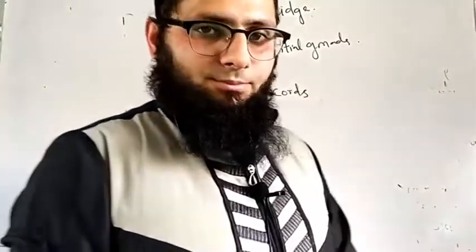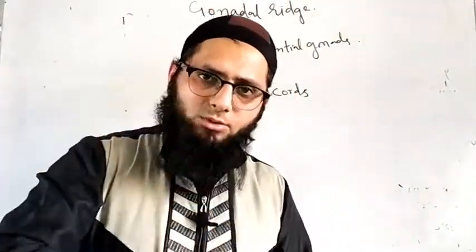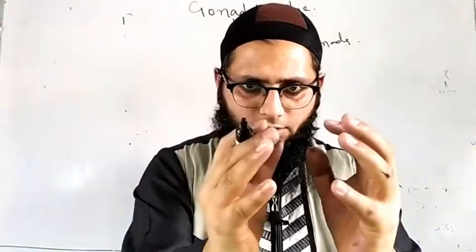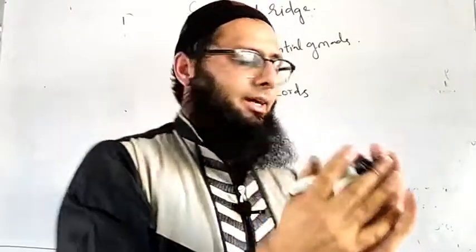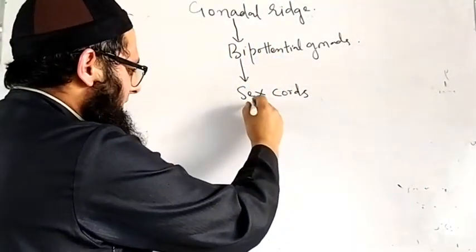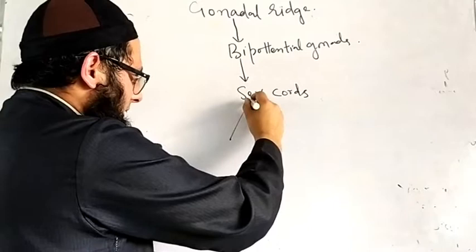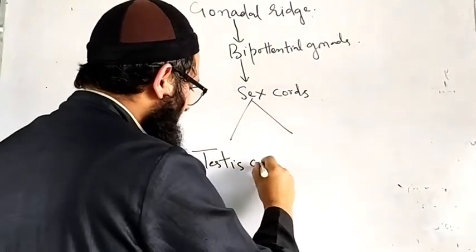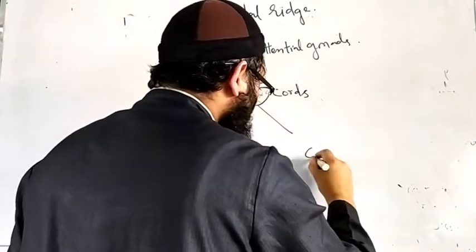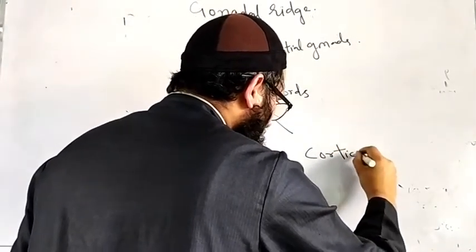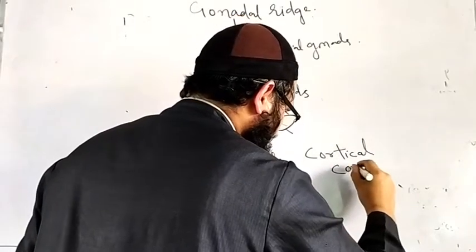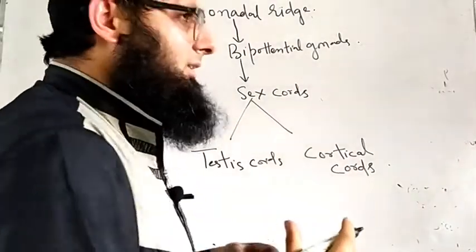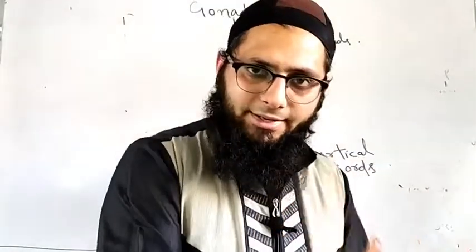When this gonadal ridge proliferates deep into the mesenchymal tissue of the gonadal rudiment, these epithelial tissues will fold together and form the sex cords. These sex cords can be testes cords or cortical cords, depending upon the type of germ cells invading it.